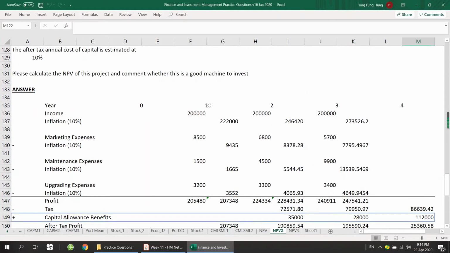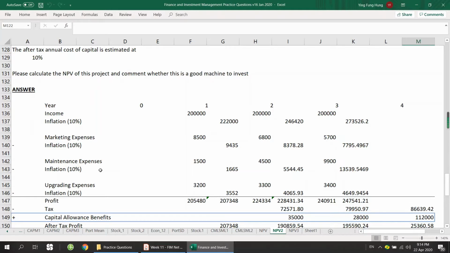In year 1, we'll receive an income of 200,000, and year 2, an income of 200,000. In year 3, an income of 200,000. The marketing expenses for year 1 are going to be 8,500. Marketing expenses for year 2 are 6,800, and marketing expenses for year 3 are 5,700.